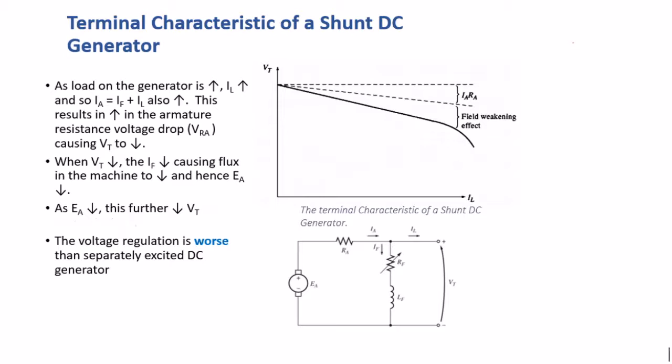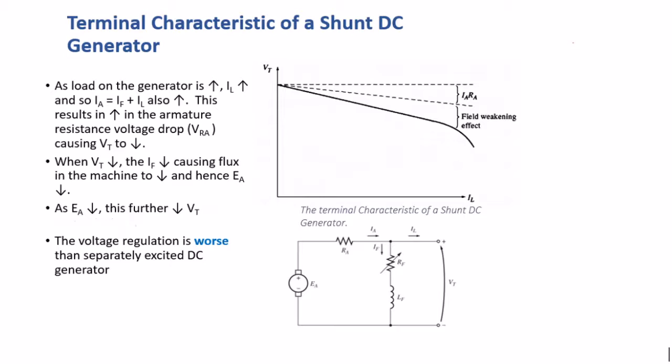Again, the terminal characteristic of DC generators is basically how the VT, the terminal voltage or the output voltage, changes with load, and the load is represented by the line current, or maybe I should say how the VT changes with IL. These two are the outputs of the DC generators, which are the voltage and the current.